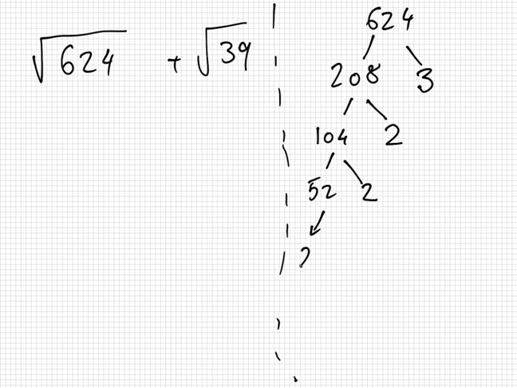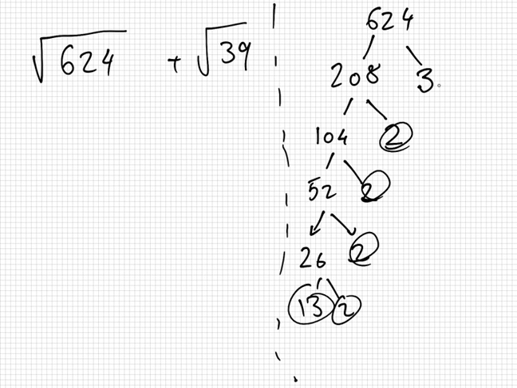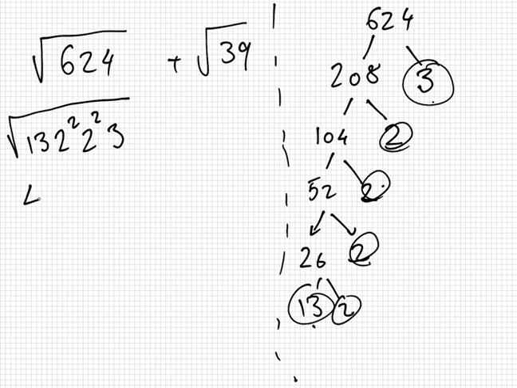That's 26 times 2. So that's 13 times 2. So it's 13 and then all these 2's here and a 3. So this would be square root 13, 2 squared, and a 3. So we end up with 4 root 39.